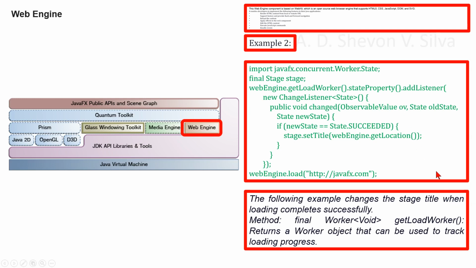The WebEngine class provides two ways to load content into a WebEngine object: from an arbitrary URL using the load(java.lang.String) method.